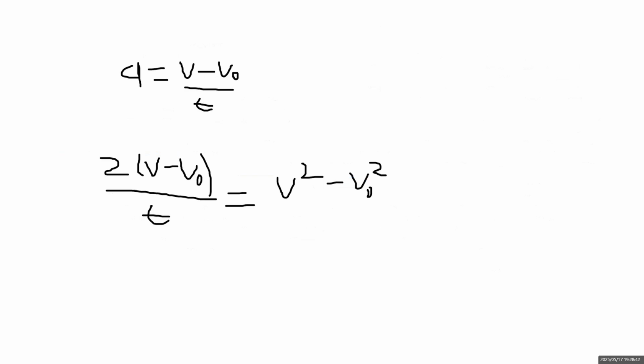And v squared minus v naught squared, the difference of 2 squares, can be turned into v plus v naught times v minus v naught.